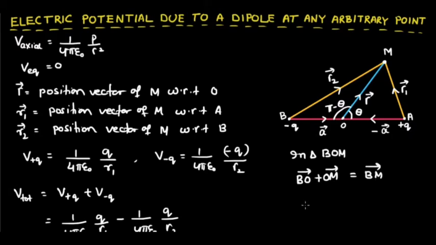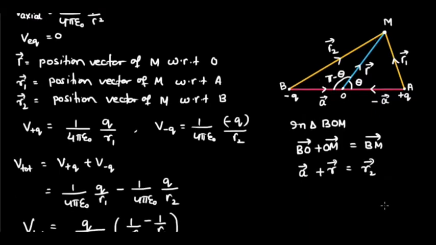And what is BO vector? BO vector is A vector and OM vector is R vector, that is equal to R2 vector. Is that clear? So what is the magnitude of R2?